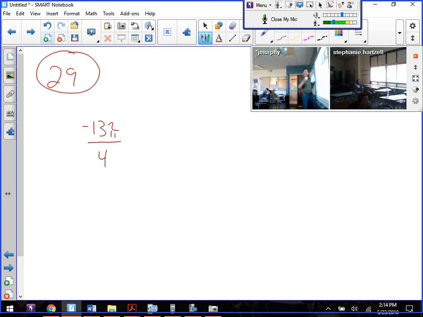So 1 revolution in terms of 4 would be 8 pi over 4. You okay with that? So what I'm doing is I'm adding 8 pi over 4 to that to bring it into 1 negative. So if I add 8 pi over 4, my negative coterminal will be at negative 5 pi over 4. And then what would I do to get the positive coterminal? I add again. Good.